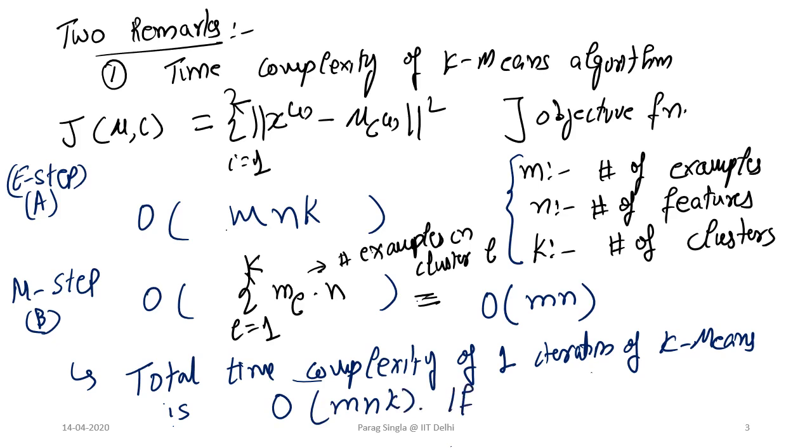So if t is the number of iterations, then the time complexity is simply given by order t m n k.